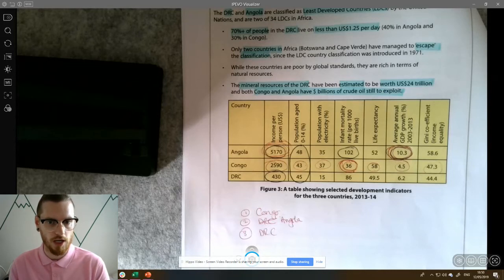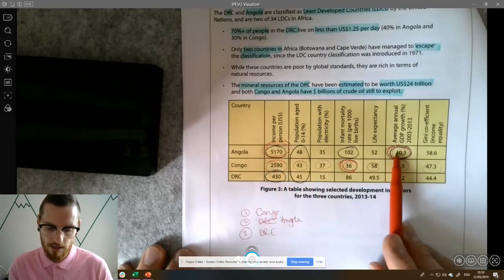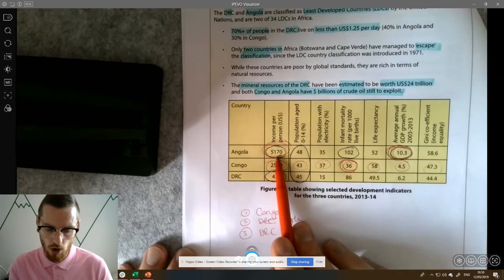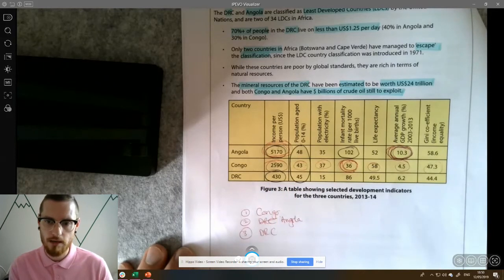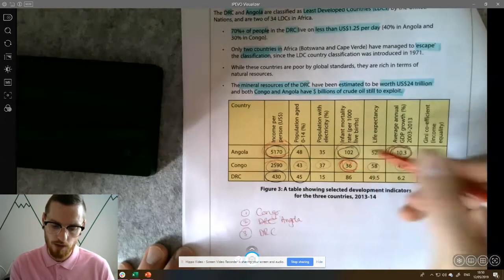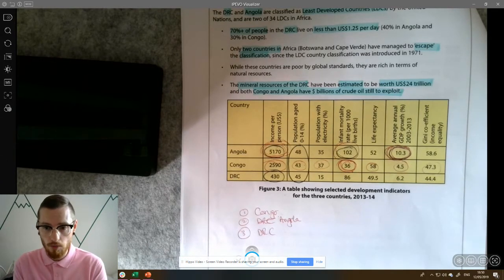However, Angola does challenge it on 2 development indicators. But I'm not going to give it to Angola because even though it's earning and growing much more than Congo, there's an extreme here of 108, 102 in terms of its infant mortality rate. That would be an anomaly to the pattern of Angola being the most developed.